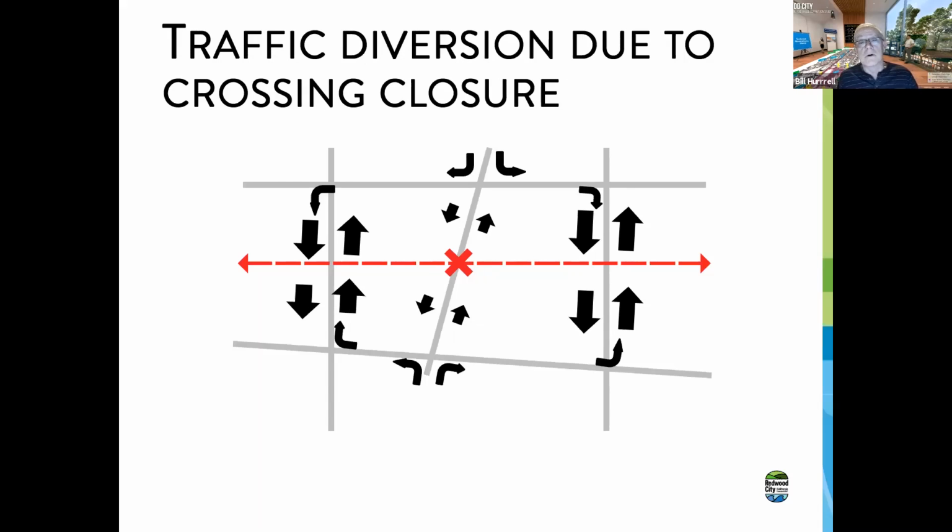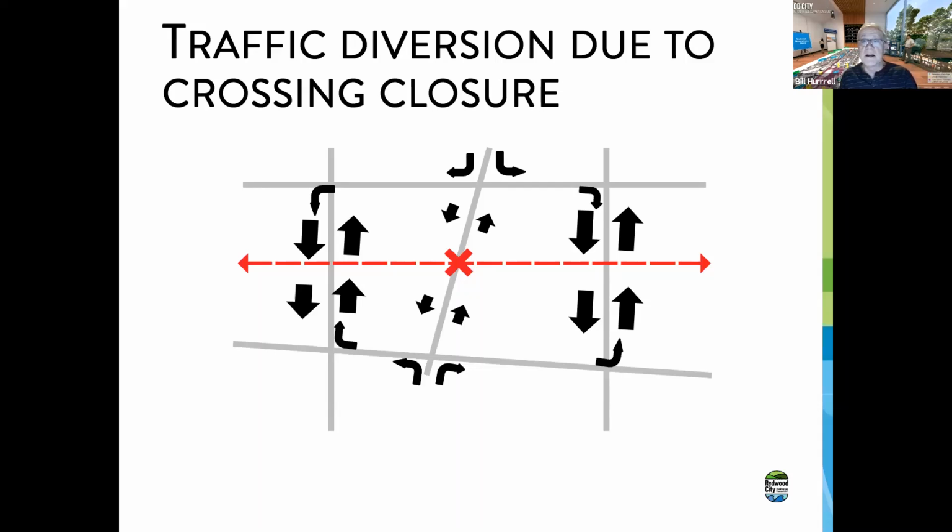So what occurs is what we call a traffic diversion. And the way we looked at this in our analysis is essentially what I would call the worst case. It's where people, when they're approaching the grade crossing, they wait until the very last intersection to turn to go to another crossing.